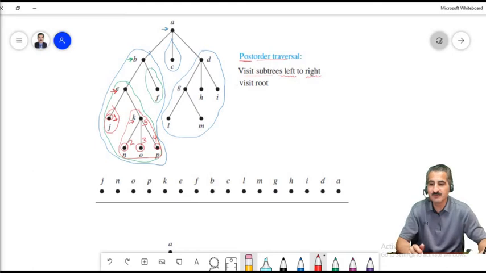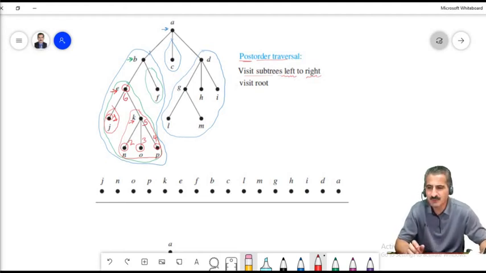And now notice we have taken all the vertices in the subtrees of the subtree whose root is E. We have taken all the vertices there, and then now we will take E. This is number 6. I will not take B now because I did not take the vertices in its subtrees.